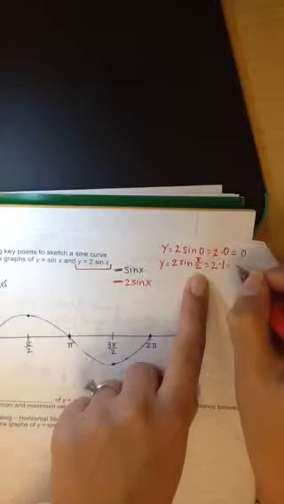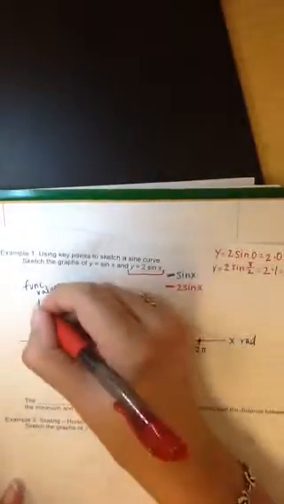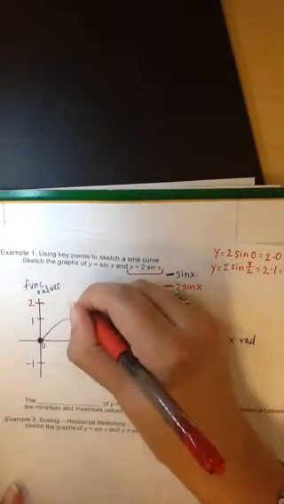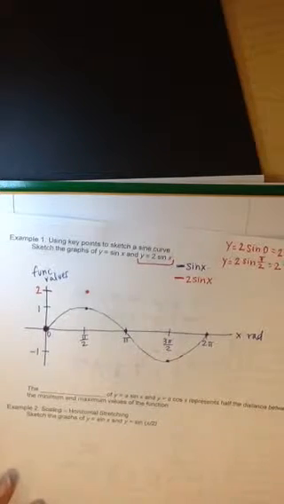Multiplying 2 times 1 is 2. So now the y value at pi over 2 is 2.